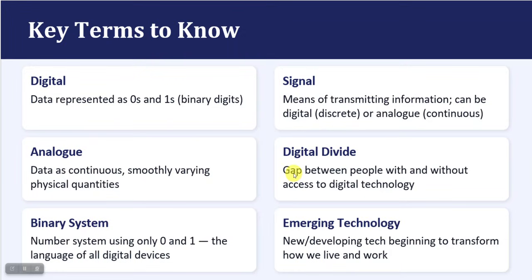A digital divide refers to the gap between people with and without access to digital technology. Emerging technology refers to new or developing technology beginning to transform how we live and work. Take a moment to jot these down.